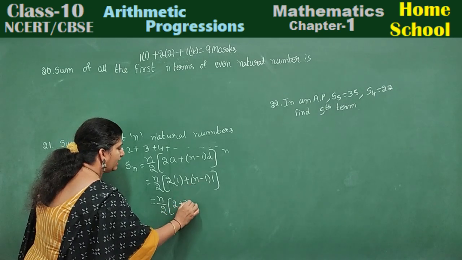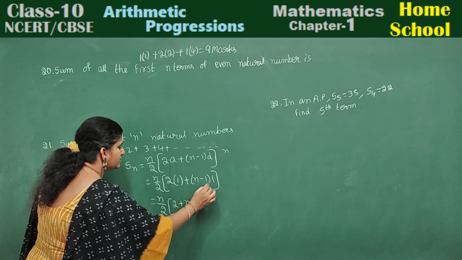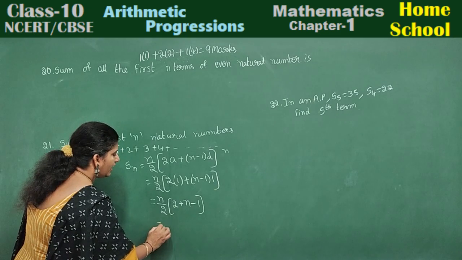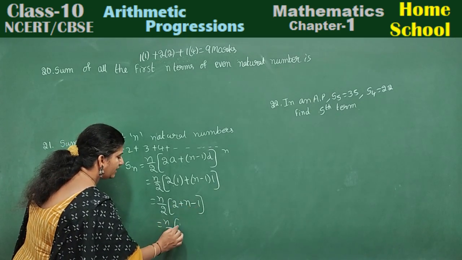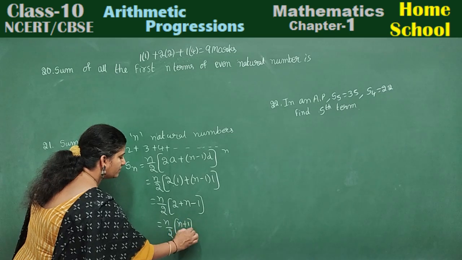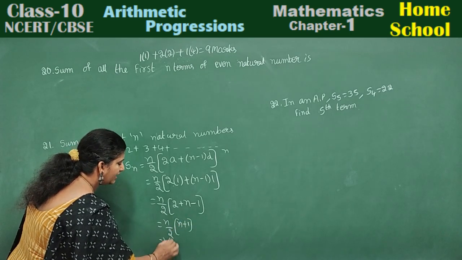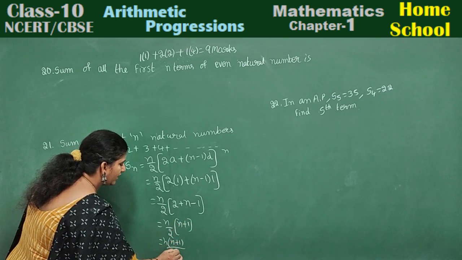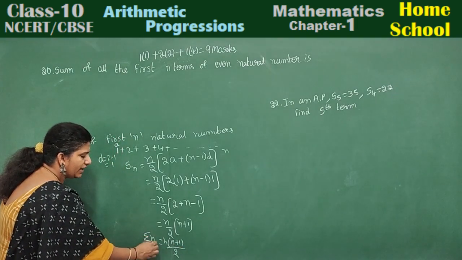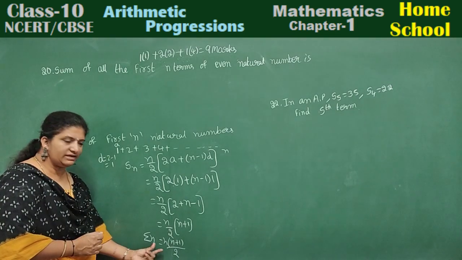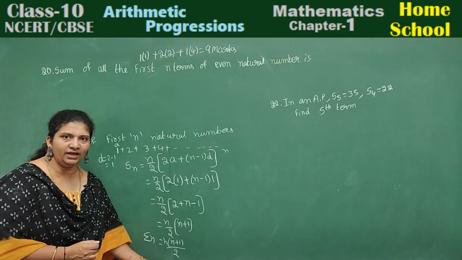N into 1 is n, minus into plus minus, 1 ones are 1. N by 2 into 2 minus 1 will be plus 1. N plus 1. You can write this as n into n plus 1 by 2. And they may give you, instead of Sn, sigma n also they can give you. Summation n is equal to n into n plus 1 by 2.